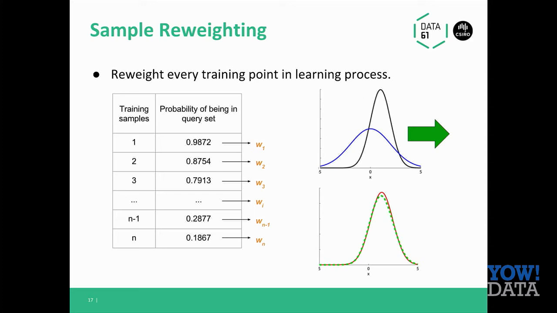So the idea is that initially we treat every training point equally, but with the presence of covariate shift, some training points are more important if they are similar to the query set, while some training points are less important if they are far away from the query set. So the probability of being inside the query set would be used as the weight for reweighting the training samples.